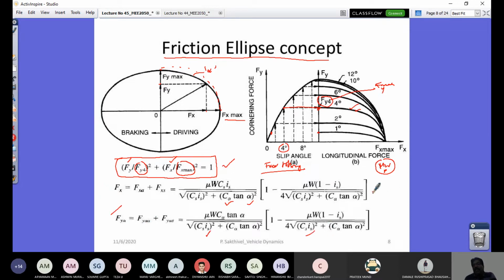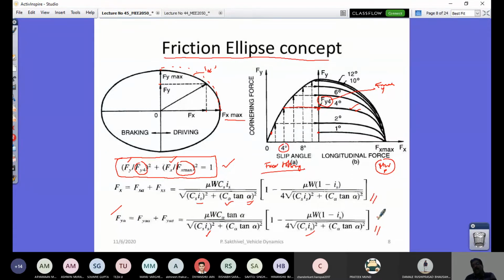These two formulas are derived with an approach similar to what we had in Julien's model. One can derive this expression. I have put just the final expressions, which take care of the dependency of longitudinal force as a function of skid as well as slip angle, or your cornering force as a function of skid when you are cornering and braking. So both are accounted for by this.